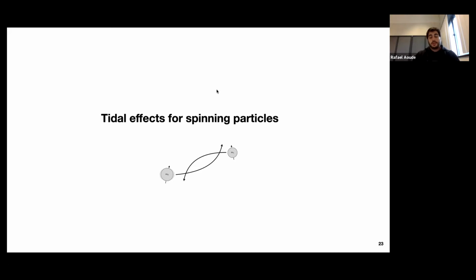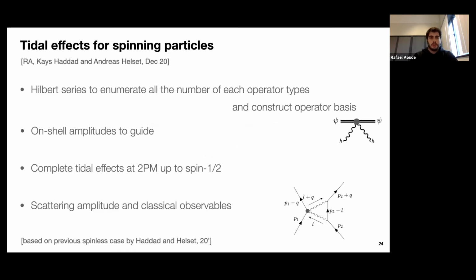So for the second part, we describe tidal effects for spinning particles. Here I give a quick recap of what we do for that. We use EFT tools, the Hilbert series, to enumerate all the possible operators that you can have of a particular type, grouping by invariants, and then you can construct a basis from that.